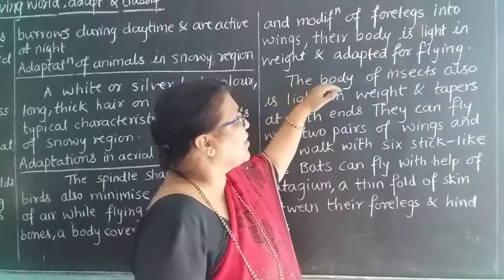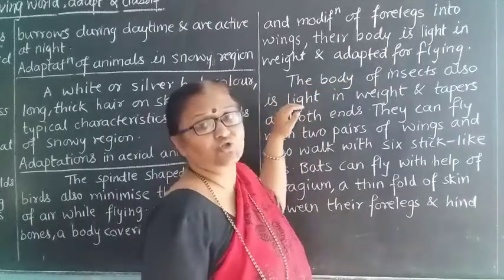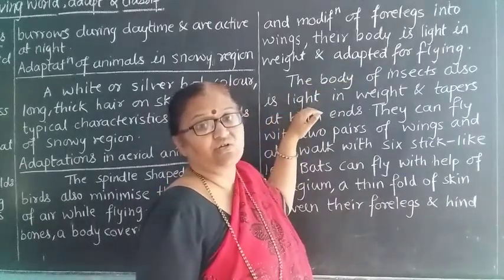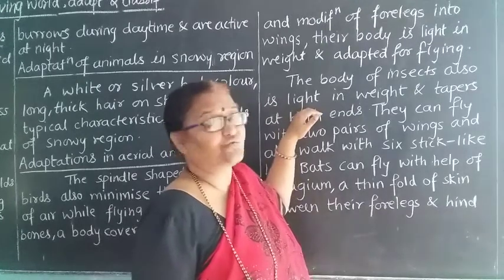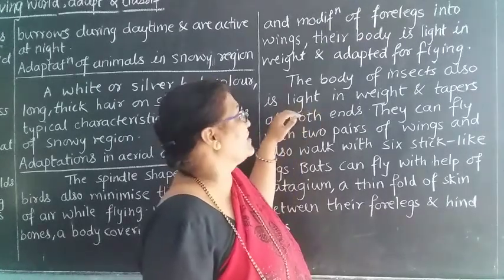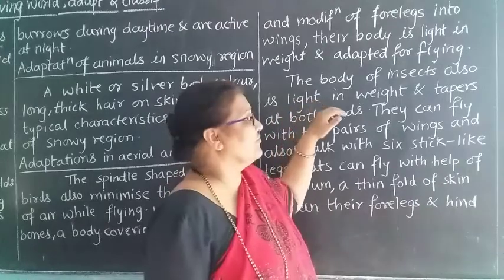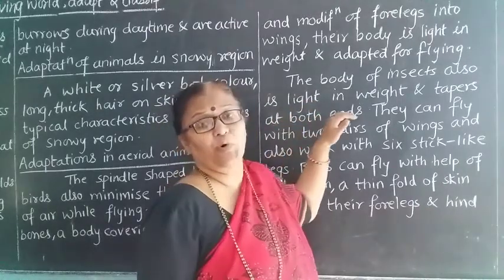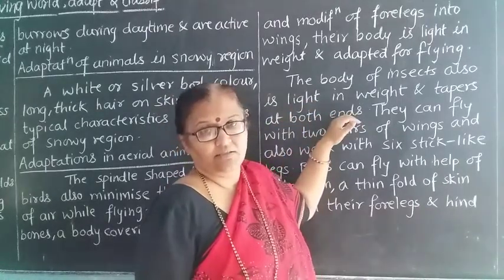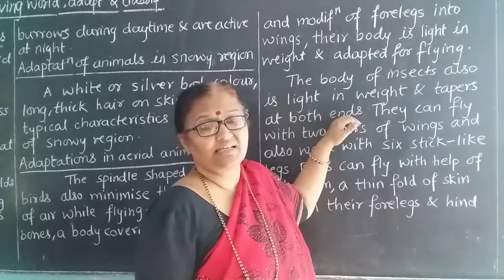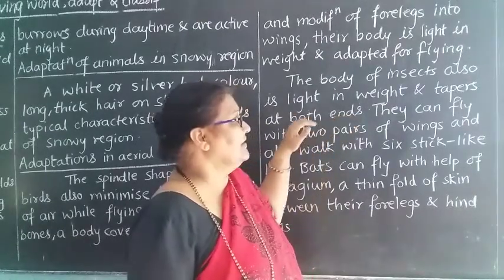Then see, the body of insects is also light. Whenever you see insects, insects are also flying. Insects also have a body light in weight, and the body of the insect is also tapering at both the ends.